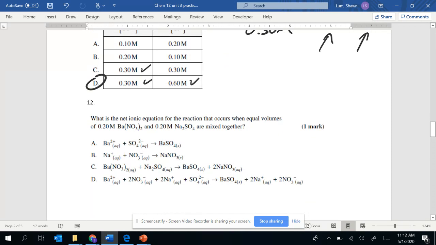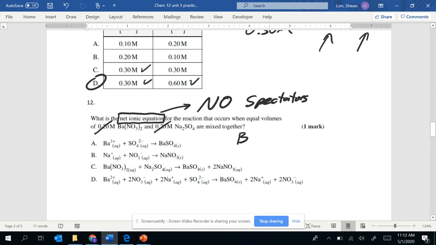What is the net ionic equation for the reaction that occurs when equal volumes of these things here? Now remember, the term net ionic equation, which we also learned before spring break, means you get rid of the spectators. These numbers are irrelevant. It just means that a precipitate will form if it has low solubility.